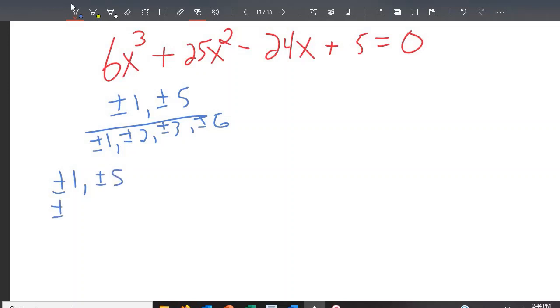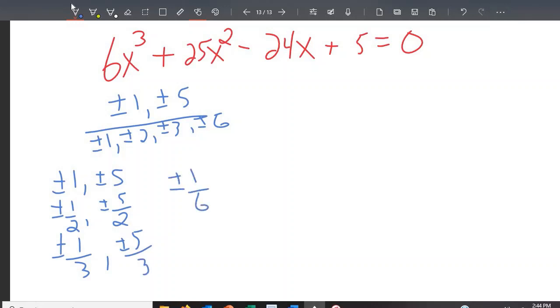Take every number in the top, divide it by 2. Take every number in the top and divide it by 3. Take every number in the top and divide it by 6. Wow, what a mess.